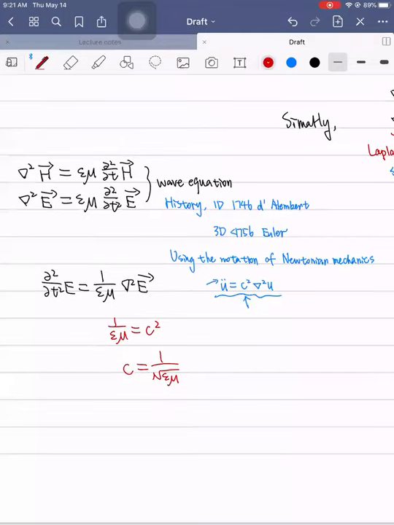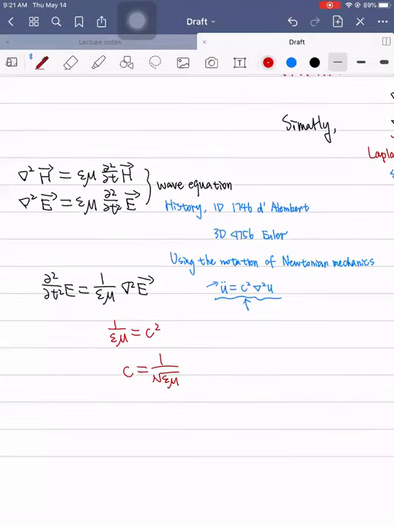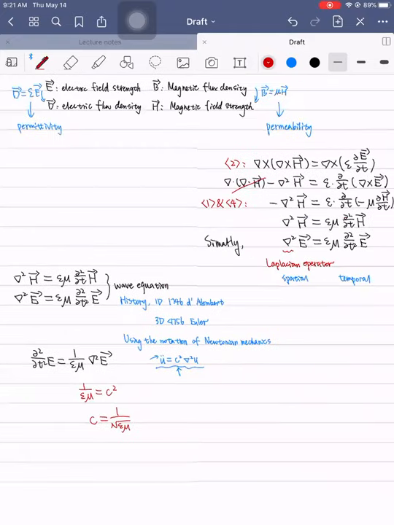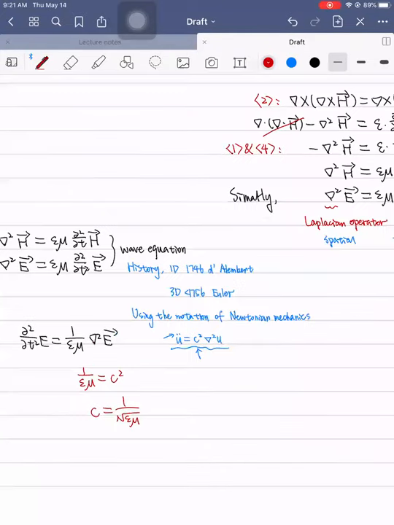So here we can relate the wave speed to our two quantities, the permittivity and the permeability. This is a very interesting equation because basically it tells us that even if the wave doesn't exist in the media, you can still tell the speed of this wave because it's only dependent on the characteristic of the material, but not anything else.